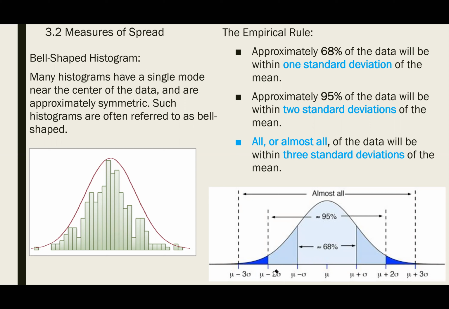But for now, in chapter 3, if we take 3 standard deviations above, meaning you walk 3 steps above and 3 steps below, that will include almost all of your data. Meaning whatever this unit, whatever this point, and whatever this point is, will include almost all of your data.